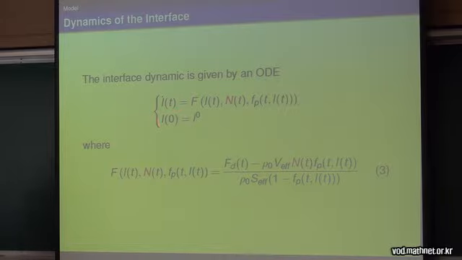The derivative of L is the velocity of the interface when it's moving. So it's given by a function f. It depends on L(t), n(t), and the filling ratio exactly at the interface. So with the ODE and the relation f, we can close the whole system.